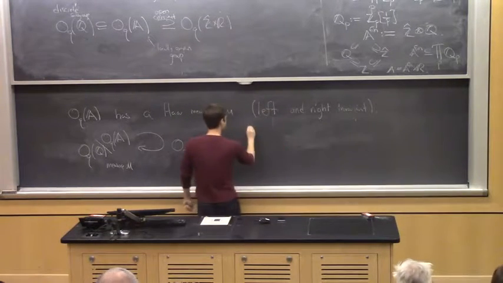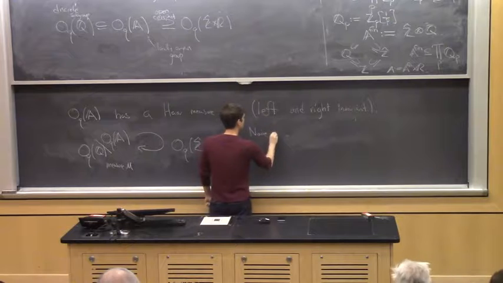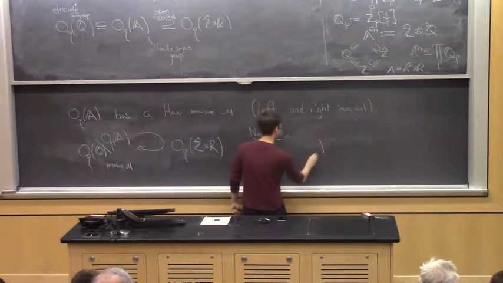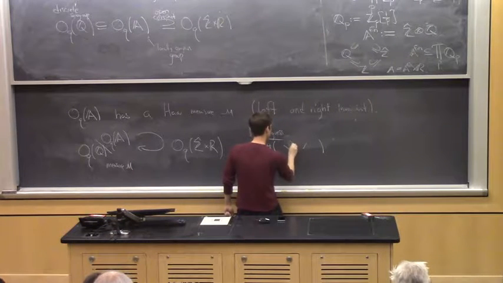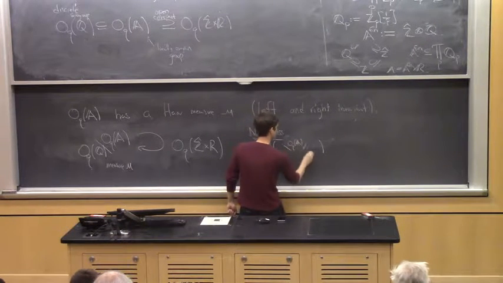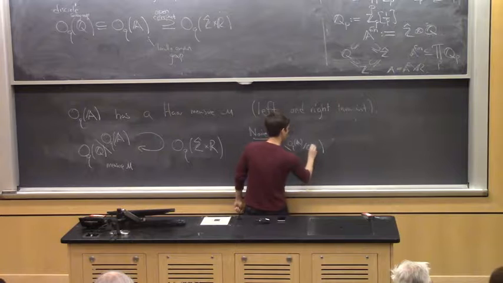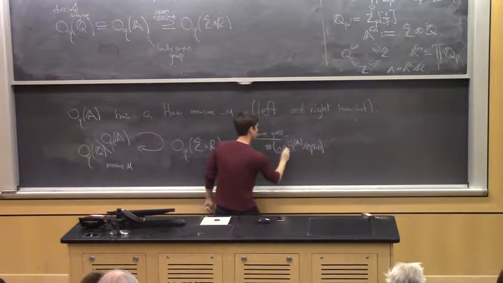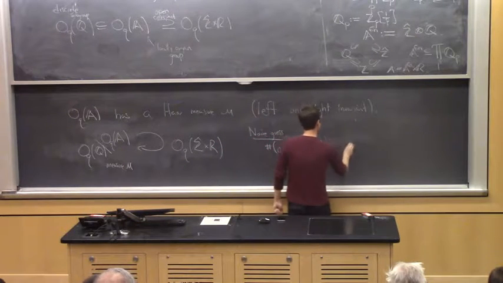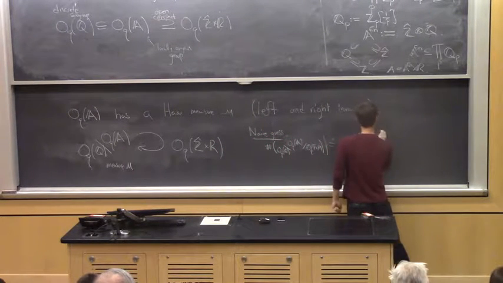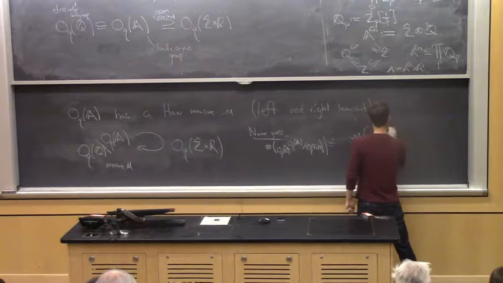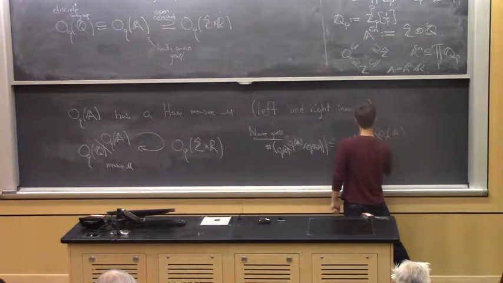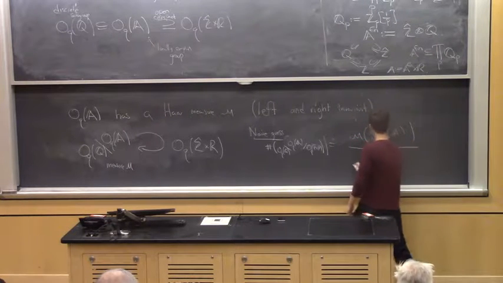And here's your naive guess for how many double cosets there are, which is that the size of this collection of double cosets would just be given by the measure of the space that you're acting on, O_Q of the adeles mod the rationals, divided by the measure of the group that's acting.